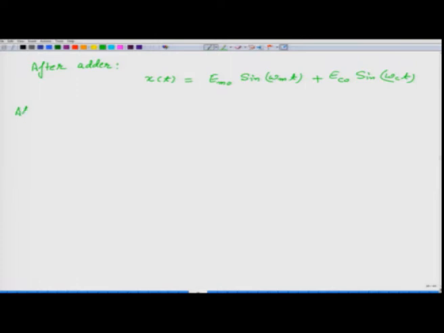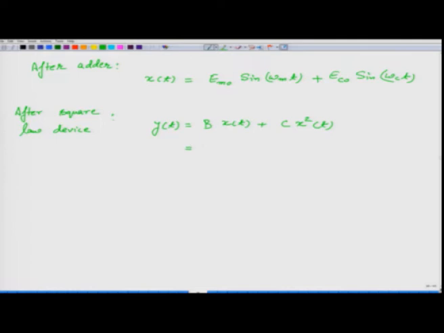Similarly, after the square law device, the signal we get is y(t), equal to b x(t) plus c x(t) squared.